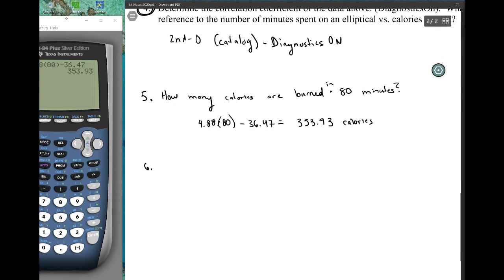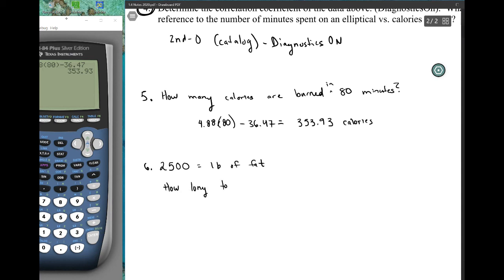I think that's what essentially a pound of fat is. I think so. Don't fact check me on that. So let's just say, how long will it take on the elliptical to burn 2,500 calories?